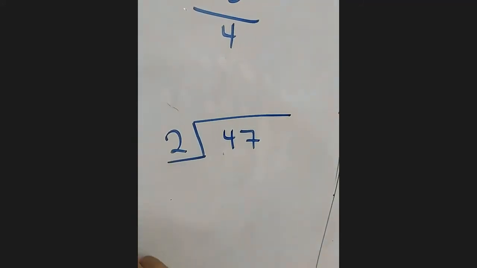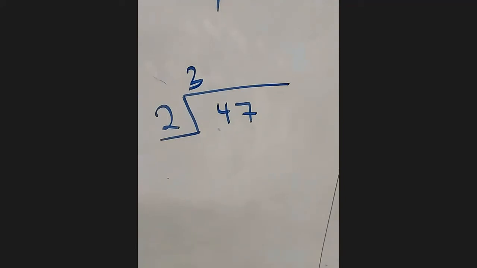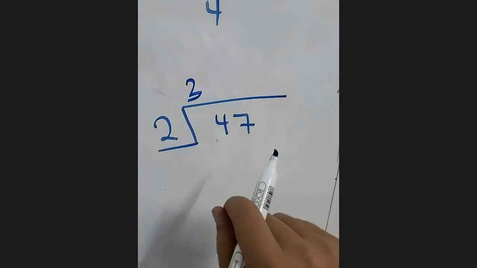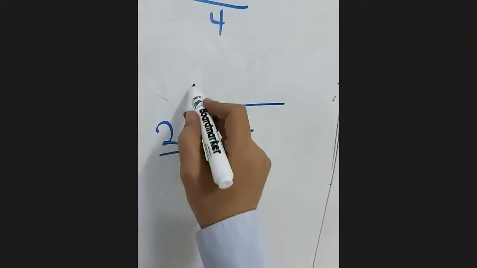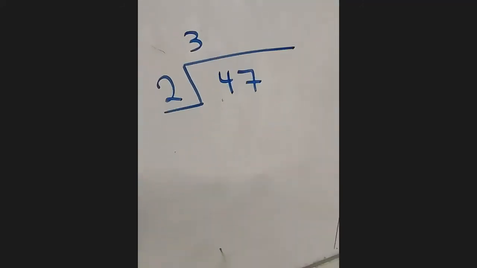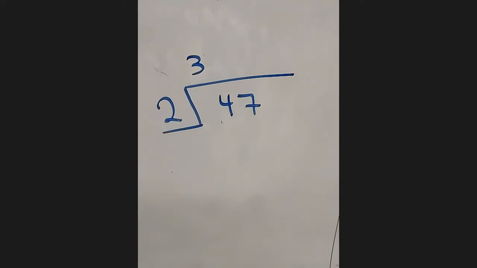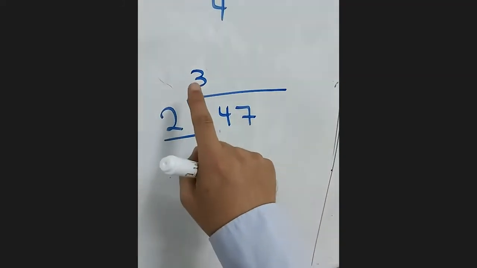What do we put up here? 2. Why 2? Why not 3? Why do you need to put 2 only? Because 2 multiply 2 equals 4. Look here, mister.